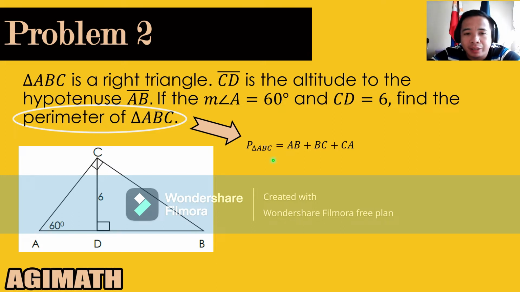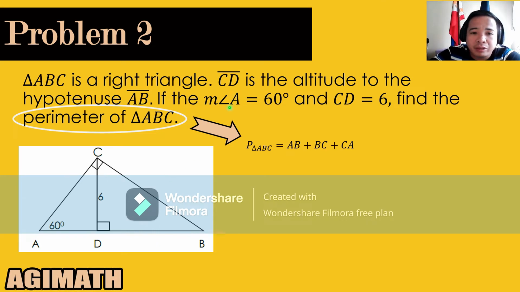The problem that we have now is, those three sides that are mentioned, we do not have any data about their length. Therefore, we need to manipulate such that we can find the length of each side. And how to do that is to start with what is given.